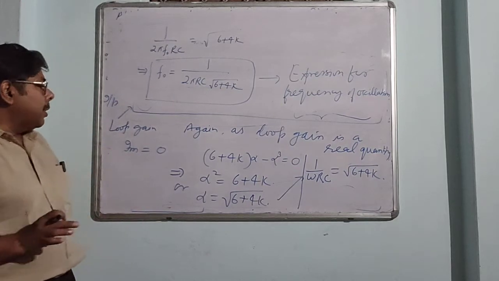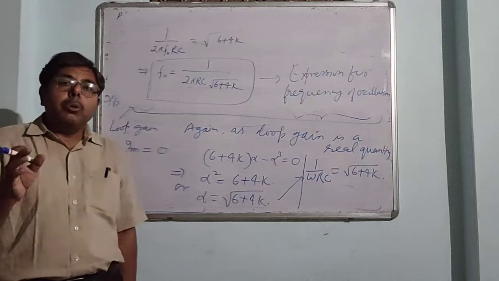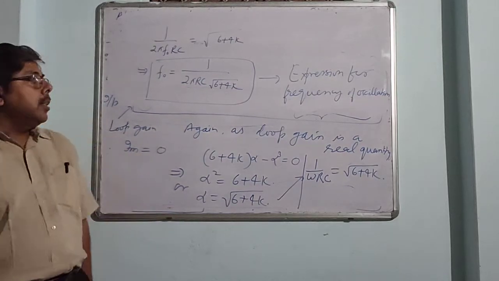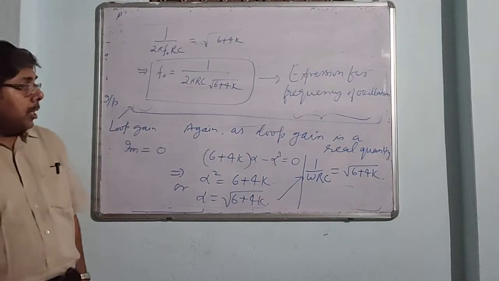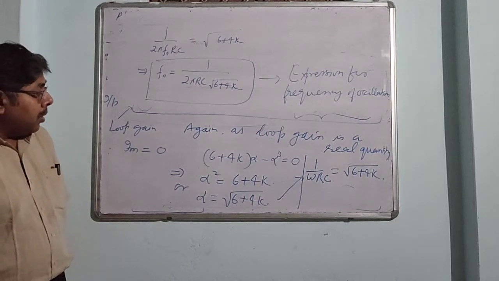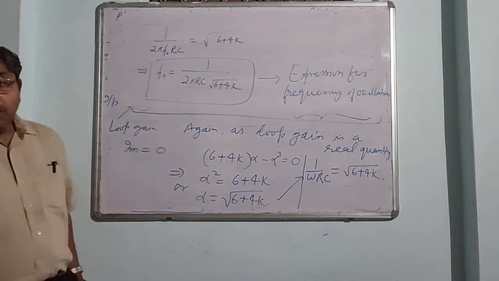Finally, you have to find out ratio of output current to input current, and from there we will derive frequency of oscillation. One thing is more, what is the condition of oscillation?